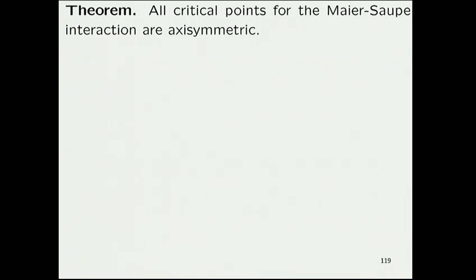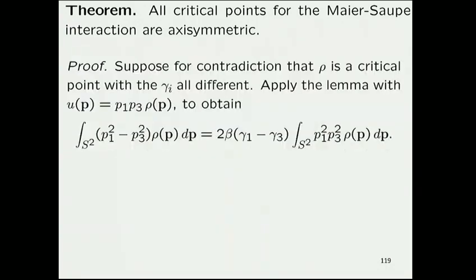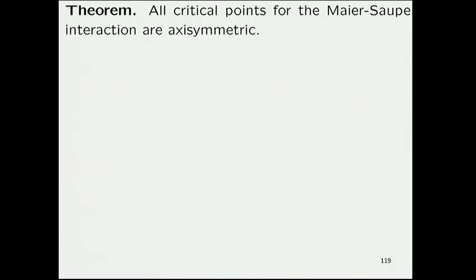So here's the theorem: all critical points are axisymmetric. Suppose for contradiction that you've got a critical point with the gamma_i all different. I'm going to apply the lemma with u equal to P1 P3 rho. So if we maybe try and look at that for a second, my u is P1 P3 rho.